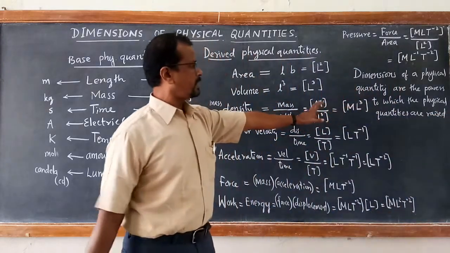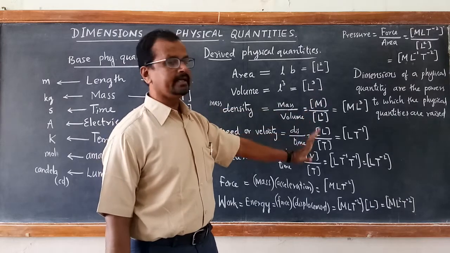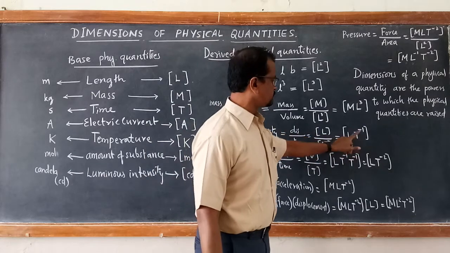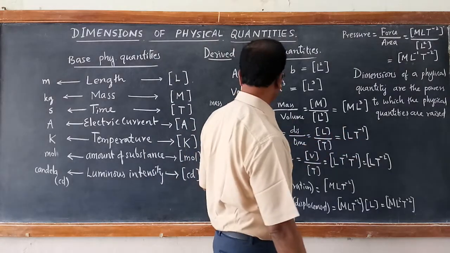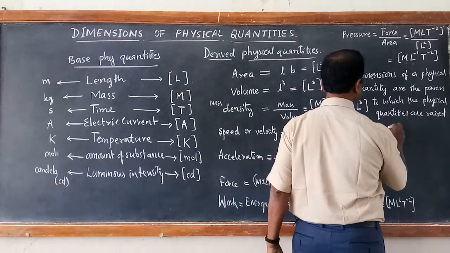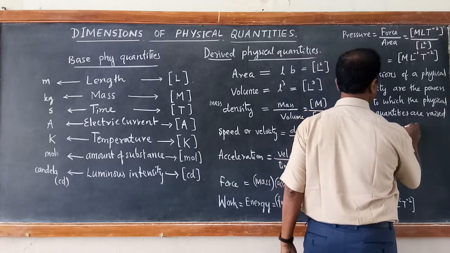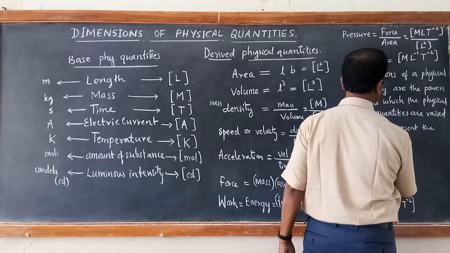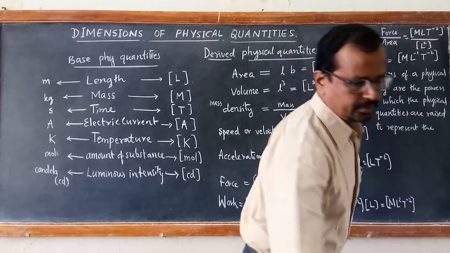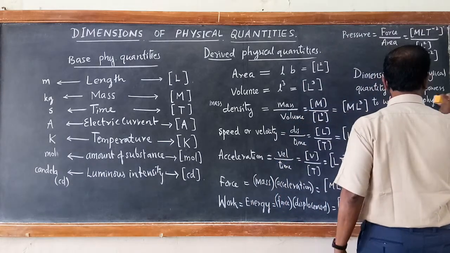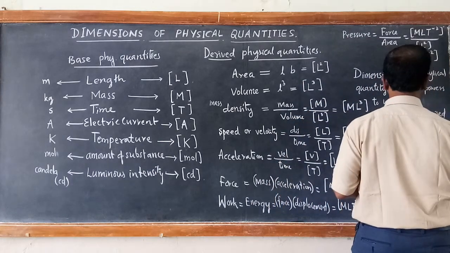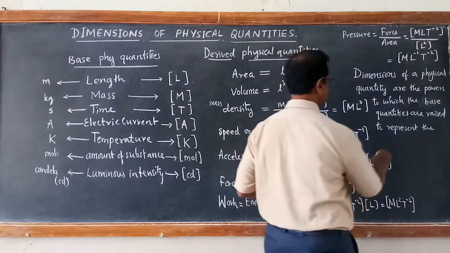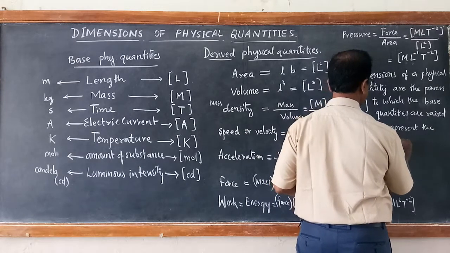Dimensions of a physical quantity are the powers to which the base quantities are raised to represent the physical quantity.